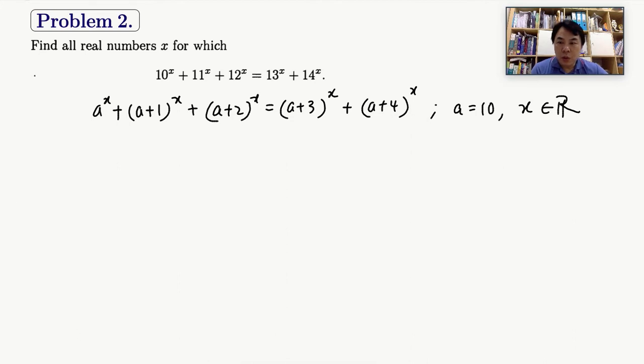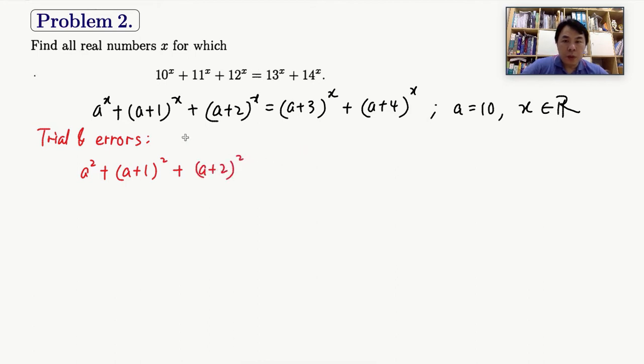Now, using trial and error, of course, this one is not really trial and error, but in our case I try to make it a bit simple. I just say that through trial and error, we can verify this using a squared plus (a+1) squared plus (a+2) squared.